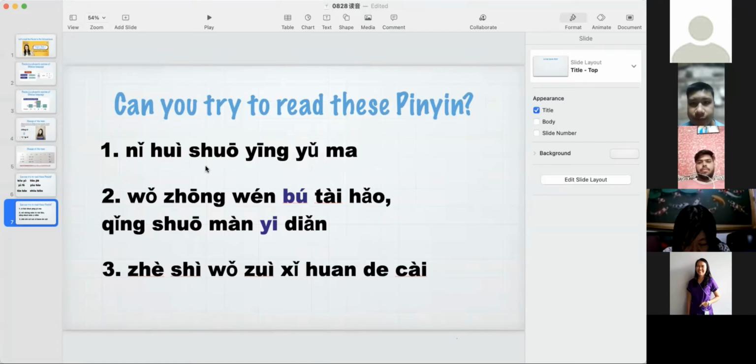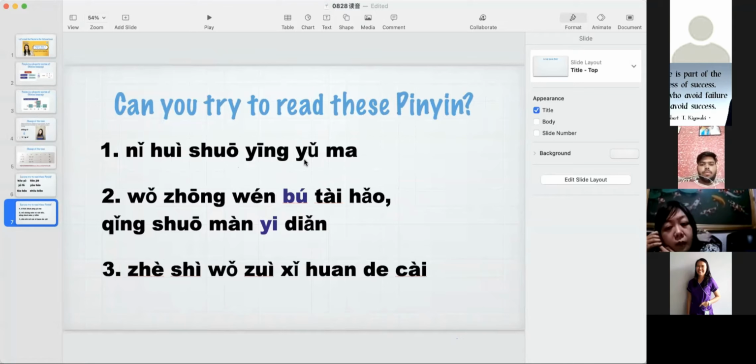Try this word. 英语。Yes. And let's try the second sentence.